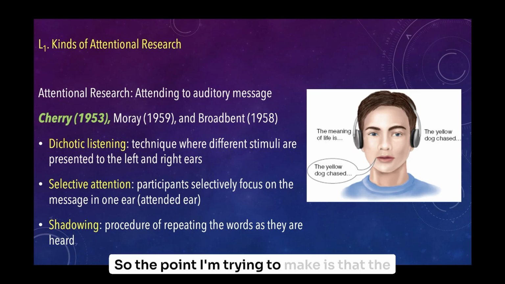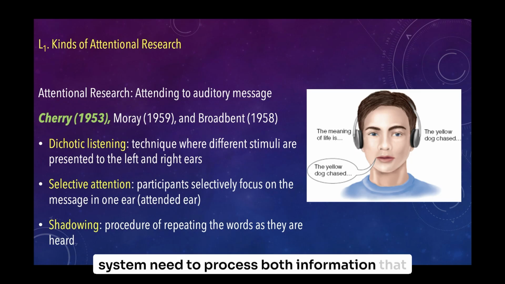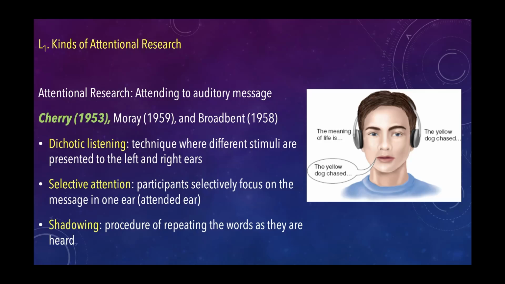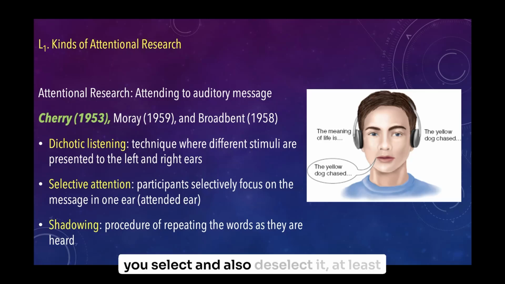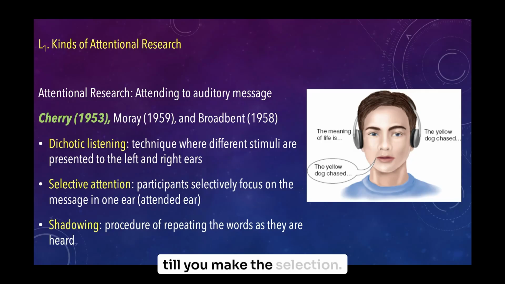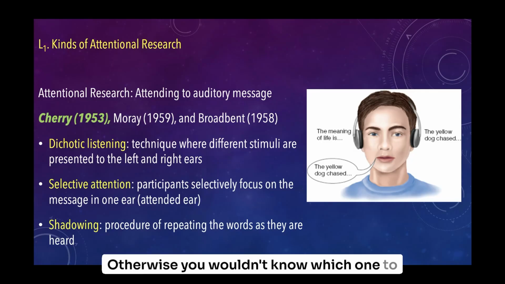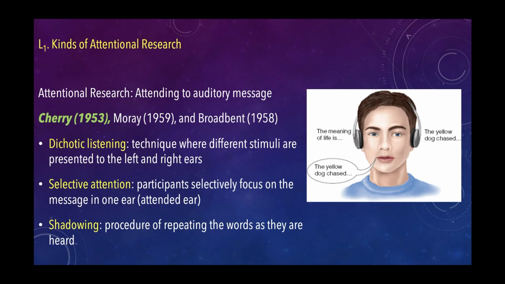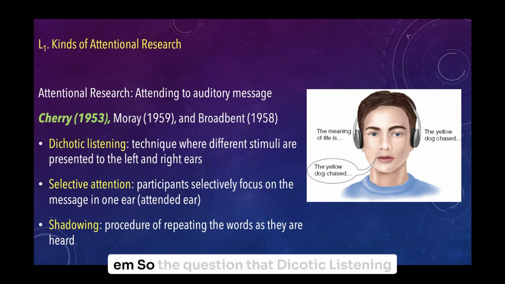So the point I'm trying to make is that the system needs to process both the information that you select and also deselect, at least till you make the selection. Otherwise, you won't know which one to select and which one not to select, right? So the question that Cherry's dichotic listening task was trying to address was, to what extent do we even process unattended information, or do we just make a selection?